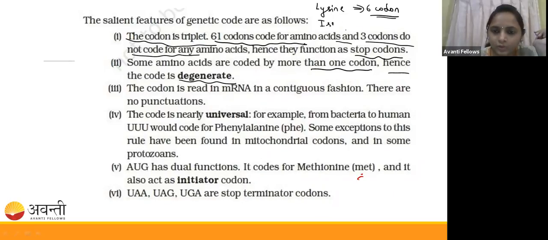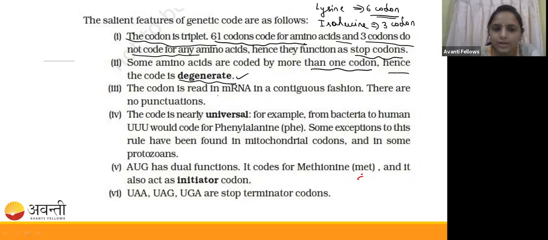Isoleucine is coded by 3 codons. So that's why it is said that the genetic code is degenerate, as a single amino acid has more than 1 codon.